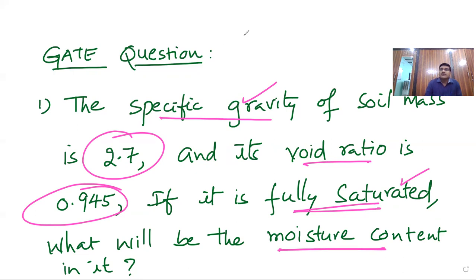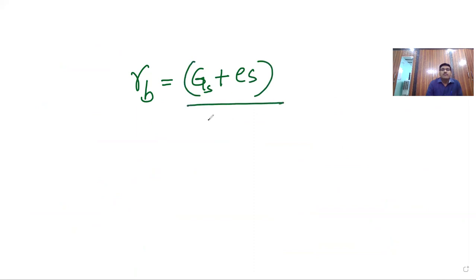Now, let us solve this problem. We have a fundamental equation. We have a basic equation that gamma bulk is equal to (GS plus eS) by (1 plus e) into gamma W. This formula is associated with the bulk density.